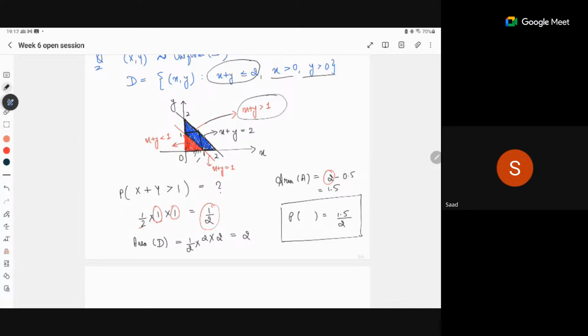Or if you look at it, this is one triangle and one rhombus, right? So you can add these two. I don't remember the area of a rhombus, so we can look at it. Ma'am, that's a trapezium. Oh, it's a trapezium and a triangle. I think it's a rhombus, right?